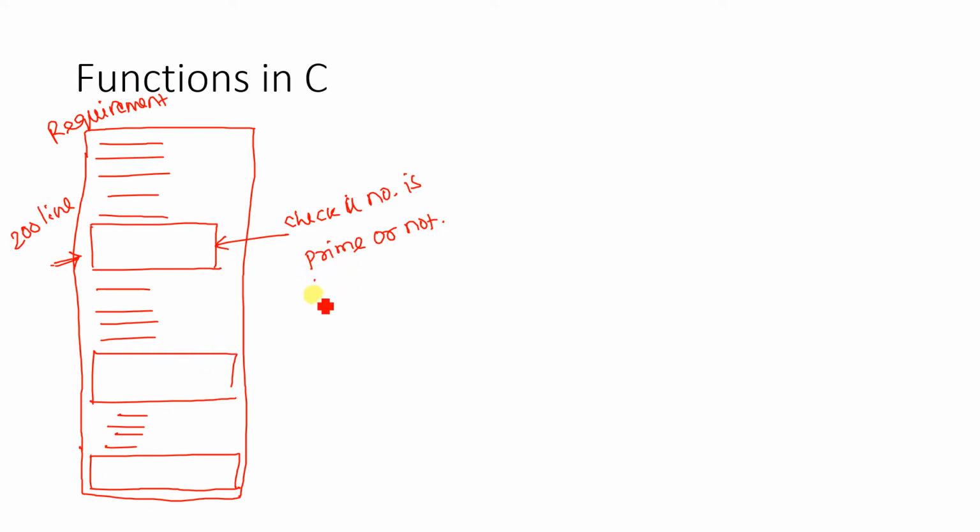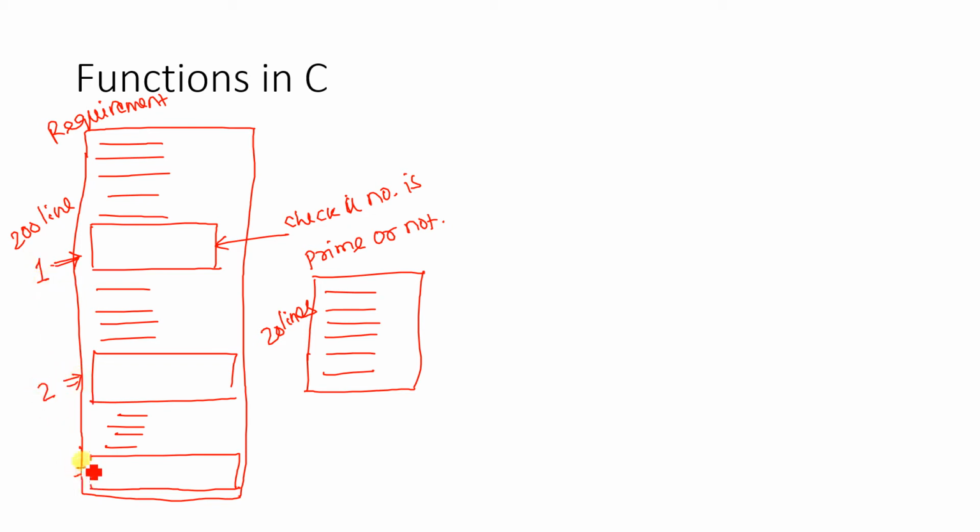Your prime number code to check whether a number is prime or not might constitute, let's say, 20 lines. That means these 20 lines need to be repeated 3 times: at this place, at this place, and at this place. At this place you have to write the same 20 lines to check whether a number is prime or not.